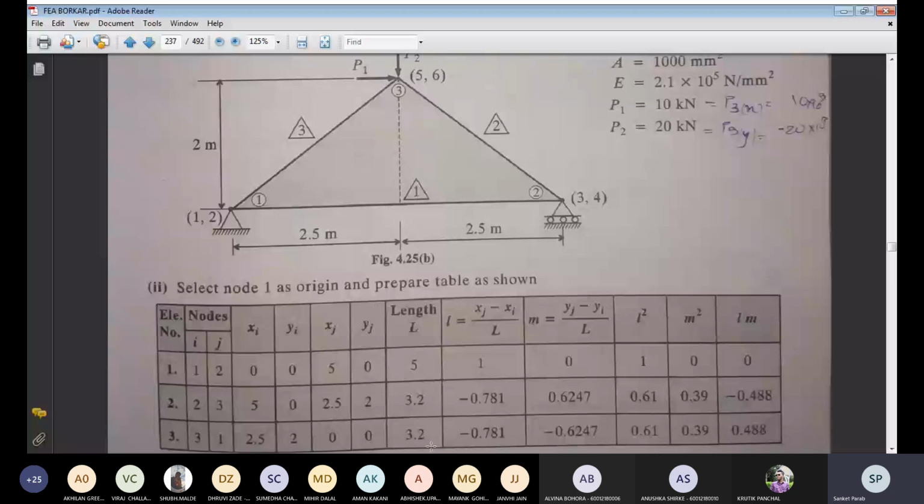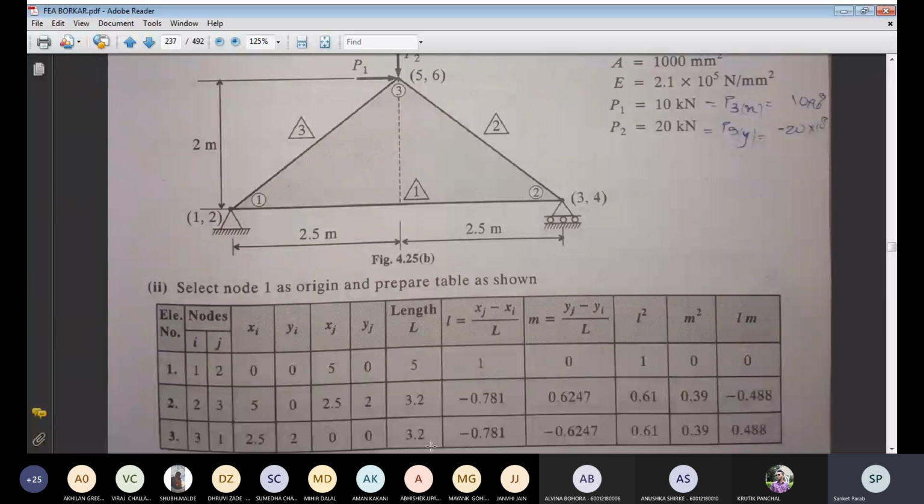So I'll just quickly explain this table again for those who have not understood, and for those who have understood, it will be a revision. As soon as we draw a node diagram, we write down the nodes 1, 2, and 3 in the figure, and we write the elements 1, 2, and 3.